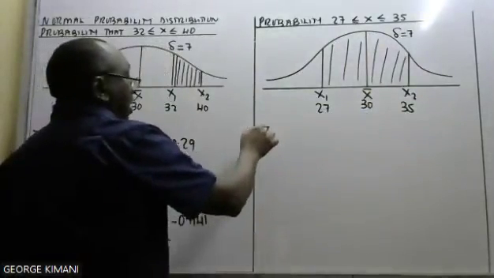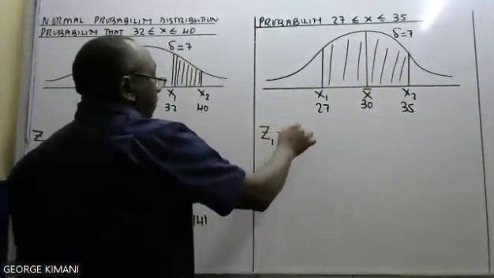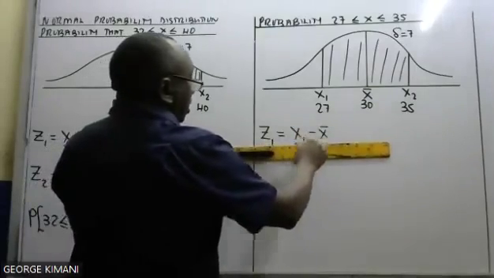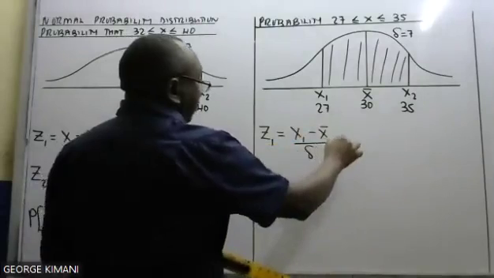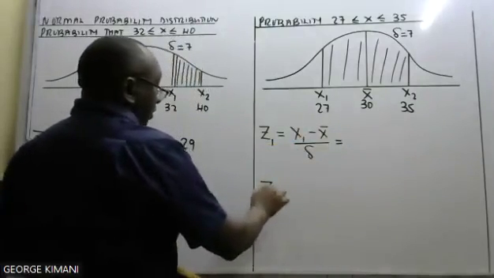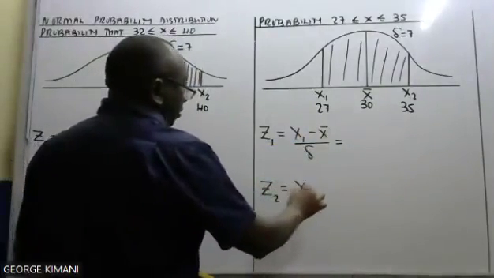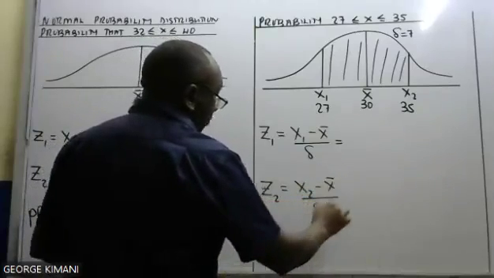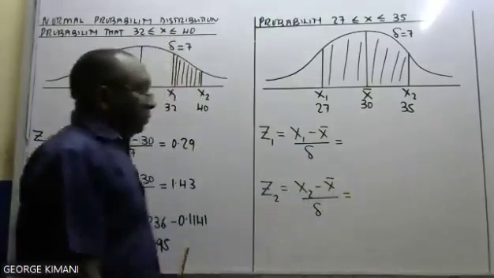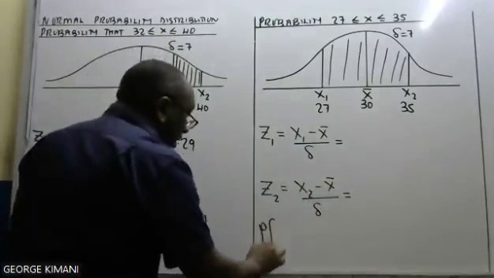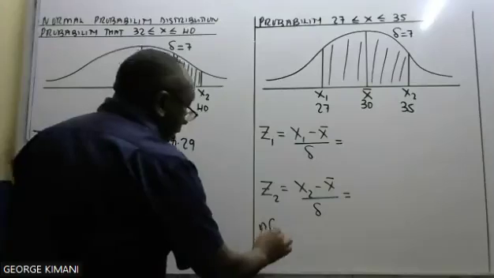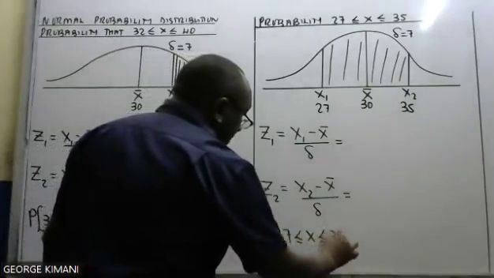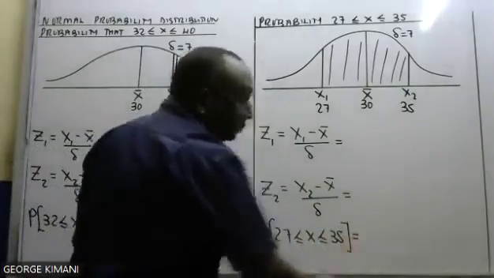So I would like you to get for me Z1 as X1 minus X bar, you divide by standard deviation, Z2 as X2 minus X bar, you divide by standard deviation. So that when I will be back, actually you can even go all the way and tell me the probability will be what.